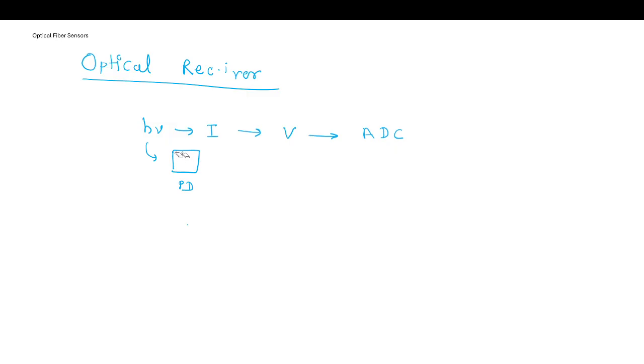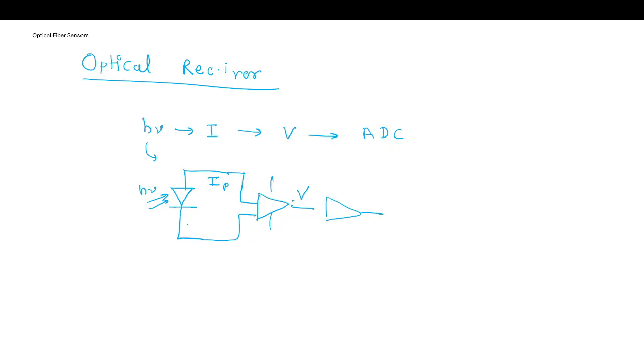I need to make it easier to understand. You must have the photodiode, which will generate a current I_PH. Then it will go to the TIA, where it will be converted to voltage, which will be amplified again.